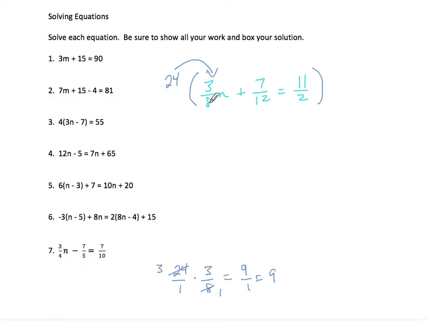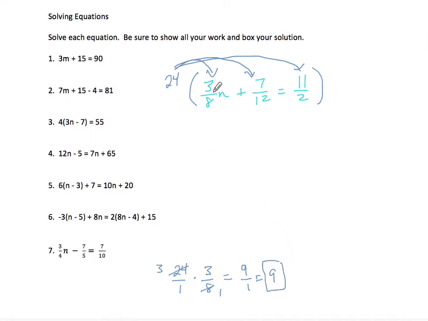Then I have to do 24 times 7 twelfths, and then 24 times 11 halves. Since you're multiplying by the least common multiple, a number that each one of these denominators will go into evenly, your answers are going to become whole numbers.